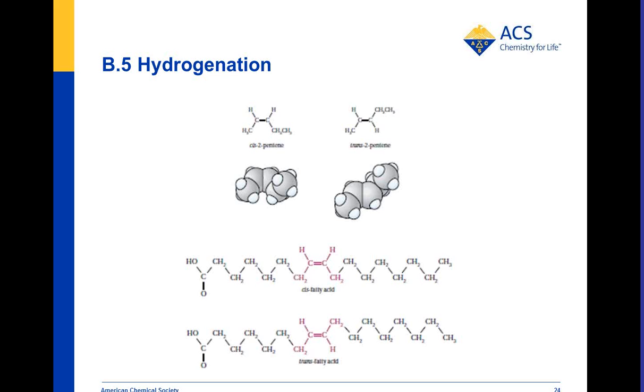But partial hydrogenation will cause some of the kinks in the unsaturated chains to be lost, and then the molecules can be packed closer together. So this is a way of taking a vegetable fat and converting it into a more solid product. And then you also want to make sure that you review with the students the cis-trans isomerism.